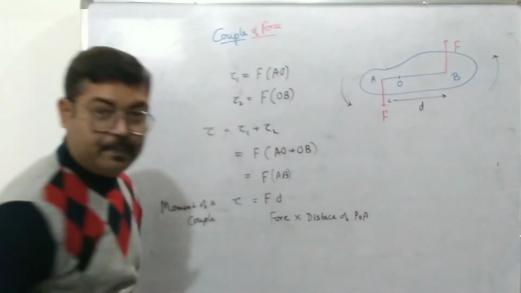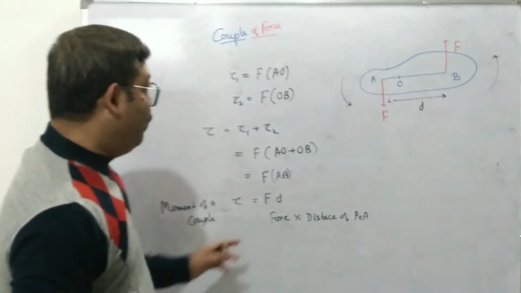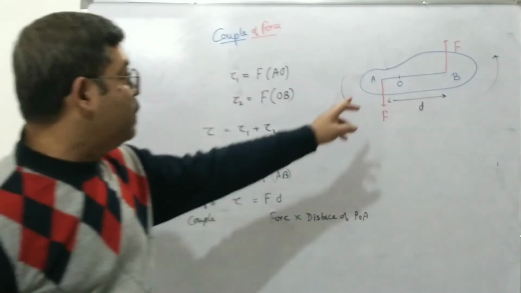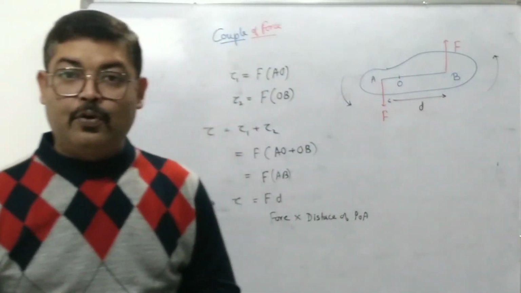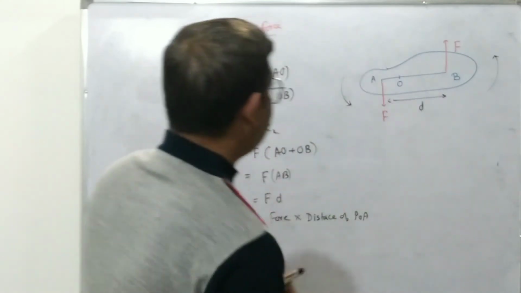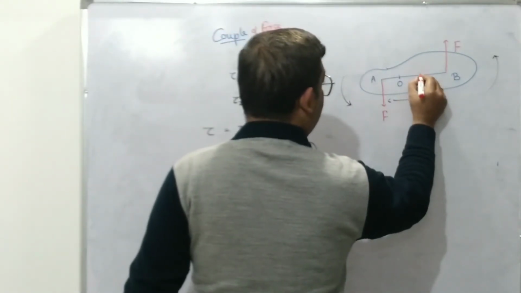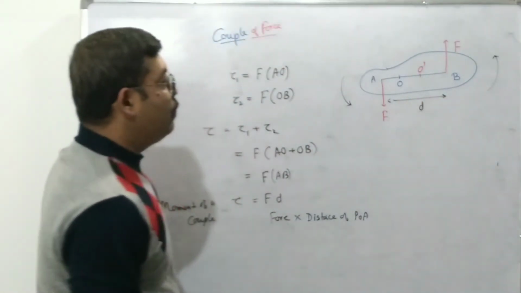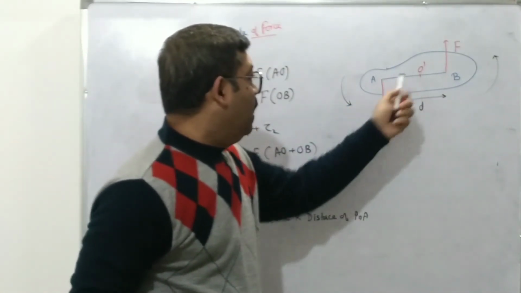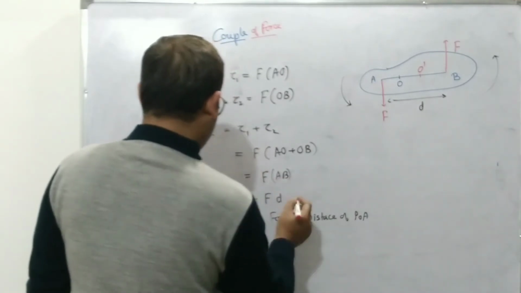Point of application, right? Which means that the moment of a couple will be independent of the choice of the axis of rotation. Why? Whether I choose point O here or another point O dash, even if we apply the forces at points A and B, what will be the moment of the couple?